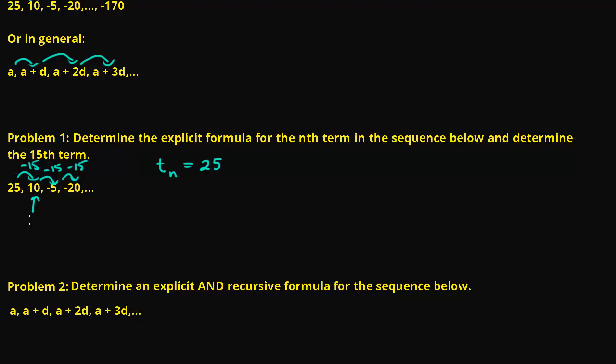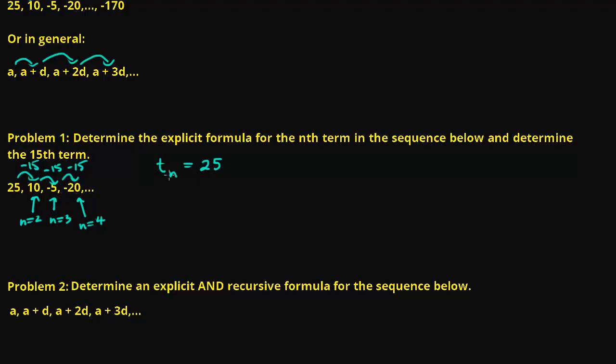To get the third term, when n is equal to 3, I've added negative 15 2 times. To get the fourth term, when n is equal to 4, I'll have added negative 15 3 times. To get the fifth term, I'll have added negative 15 4 times. So I'll always have added negative 15 one less than the term number.